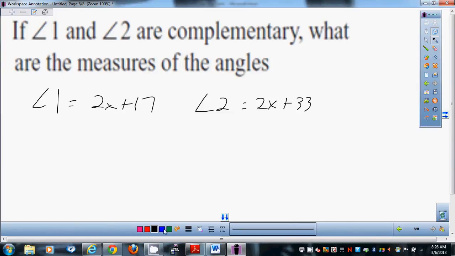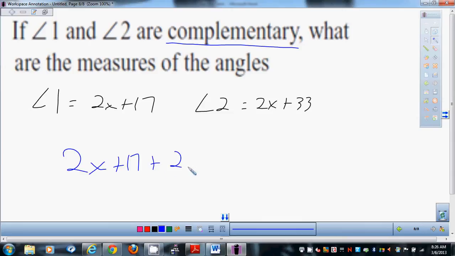Don't do that. The key word is complementary, which means they add to 90. 2x plus 17 plus 2x plus 33 equals 90. So that's 4x plus 50 equals 90. And someone finish solving that for me.